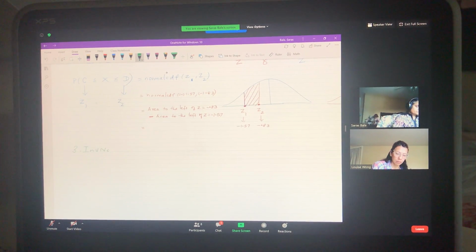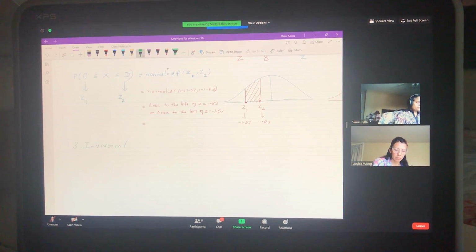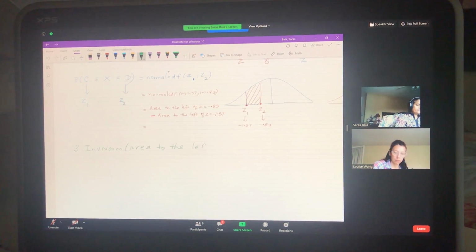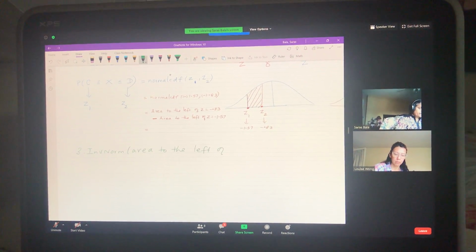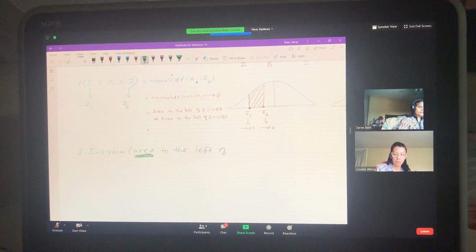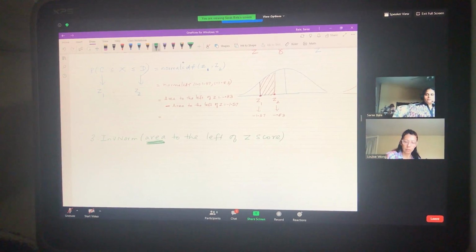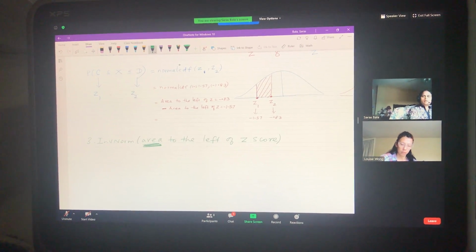So this is going to give you area to the left. I'm talking about the area to the left of the z-score, and that's going to give you the inverse norm.